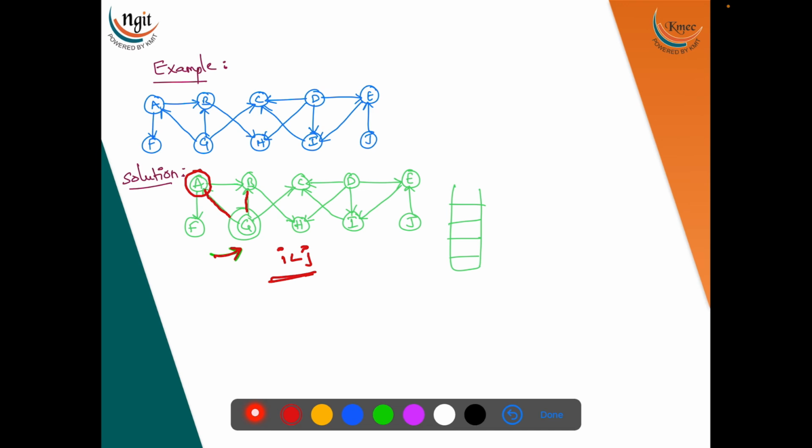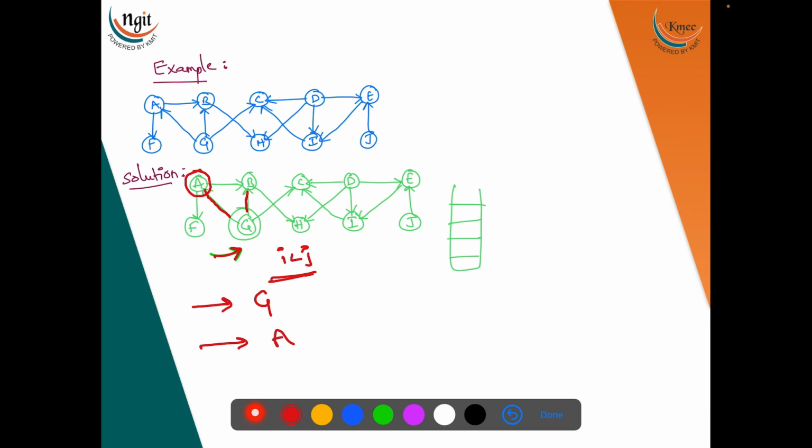Now after you visited A, then we will be finding out any vertices which are from A. First of all I am considering G, then I'll be considering A. I am not pushing any element into the stack.